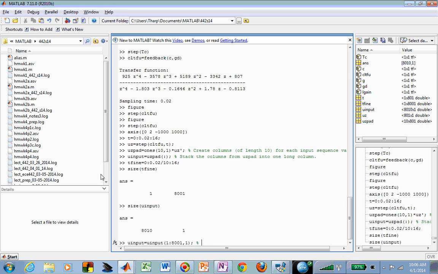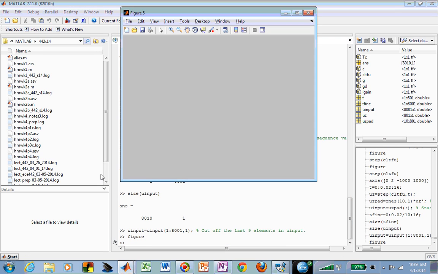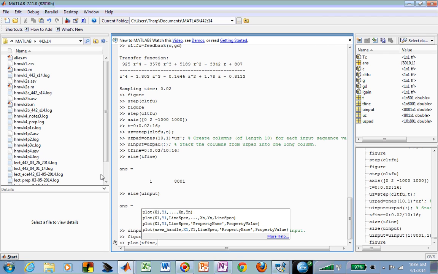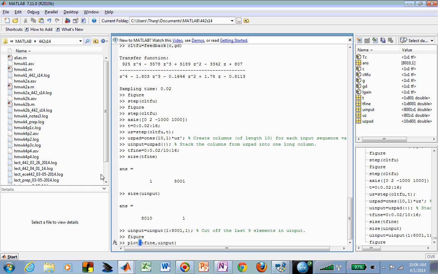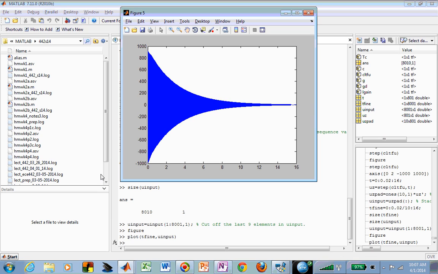So now I'm cutting off the tail, and that's not really going to impact what I'm going to be seeing. So that now I can generate a new figure and plot tFind with the uInput, and that should be just to convince myself that I'm plotting what I thought I needed to be plotting. And that looks like what I expected.